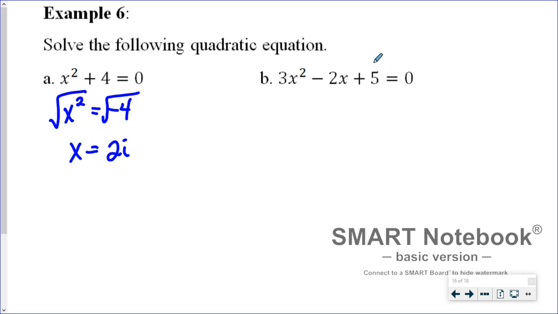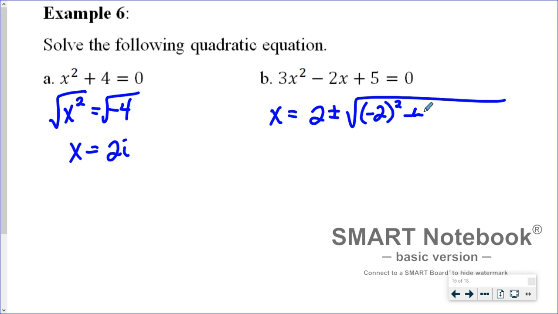So here we're going to use the quadratic formula, right? Which often is what you have to use when you know you're going to get some imaginary number, all right? So here we get x is equal to negative b plus or minus the square root of b squared minus 4ac, all divided by 2 times a.